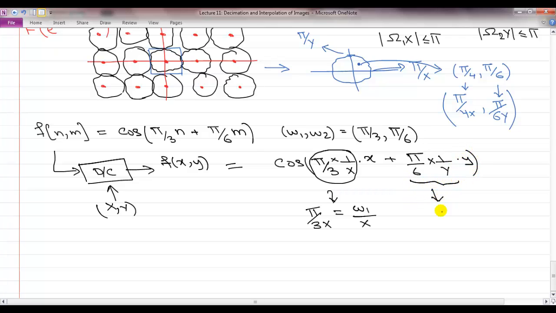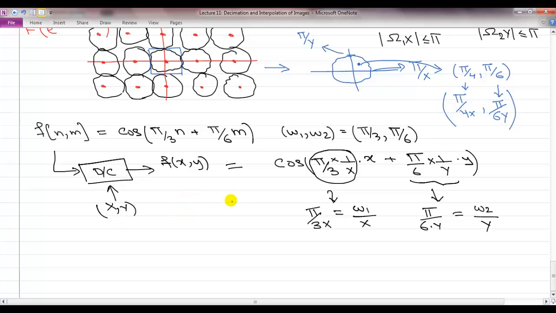So the frequency in capital omega 2 will simply become pi by 6Y, which is omega 2 over capital Y. So it is simply a scaling of the frequency axis; your frequency gets scaled to a different location based upon the values of X and Y. And similarly, since your ordinary signal is nothing but made up of a collection of these sinusoids, each one of these frequencies will just get shifted to the right location.